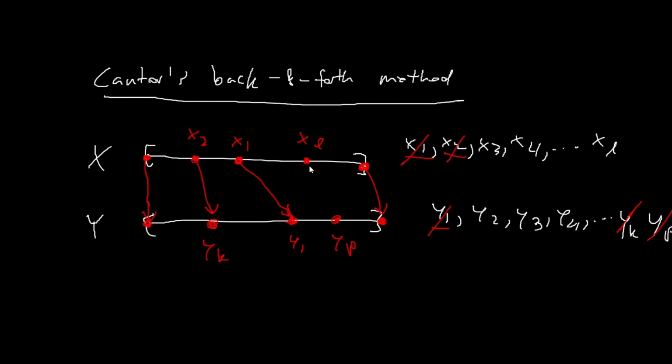You would make this mapping, and then go back to the leftmost interval, find an appropriate element, the first instance of something that appears here, and map it to some element here.